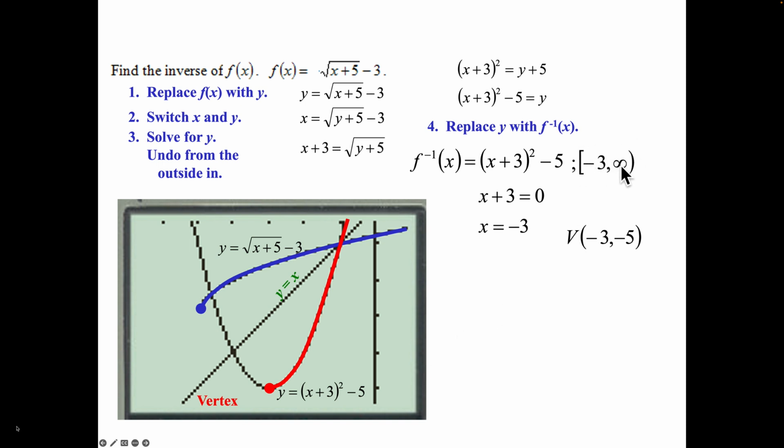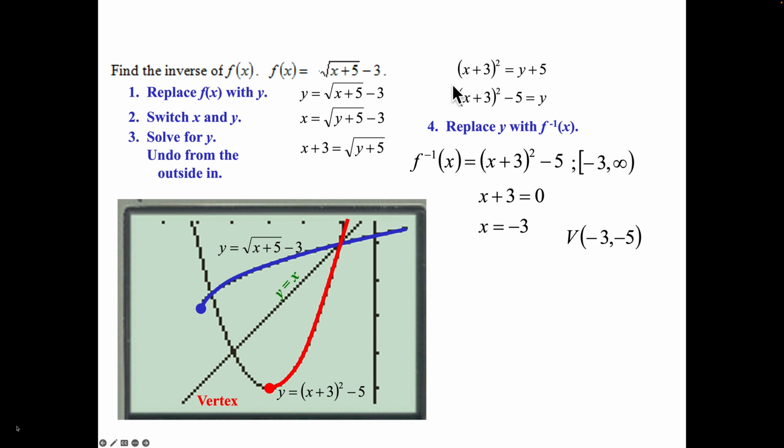Once you attach this domain restriction, you don't lose the 2 points. Now that red graph on your screen is the binomial x plus 3 squared minus 5 with a domain restriction of bracket -3 comma infinity, or x is greater than or equal to -3.